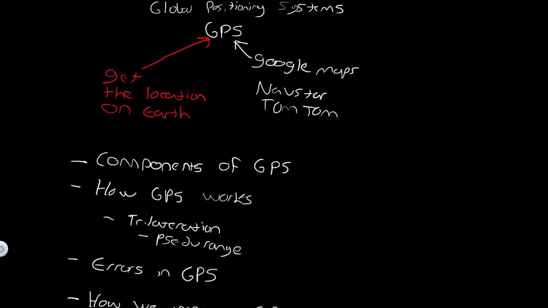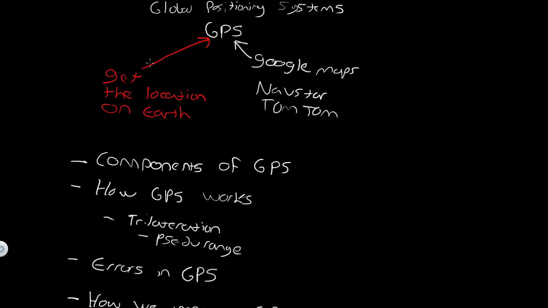And in this lecture video, I want to continue where we left off talking about this idea of GPS, or the Global Positioning System. And I want to start off by reiterating where we have been so far. In the previous video, we outlined what we're going to talk about in the series, but we also laid down the foundation that this idea of GPS, at least in the United States, and GNSS, or Global Navigation Satellite System for the world more broadly, was that the whole point of it was to get the location on Earth.